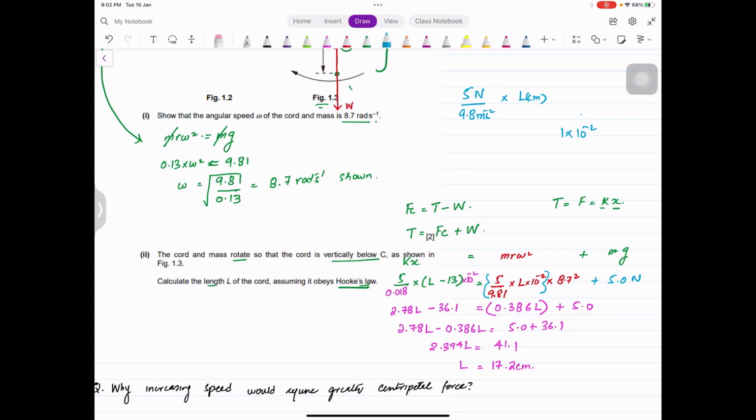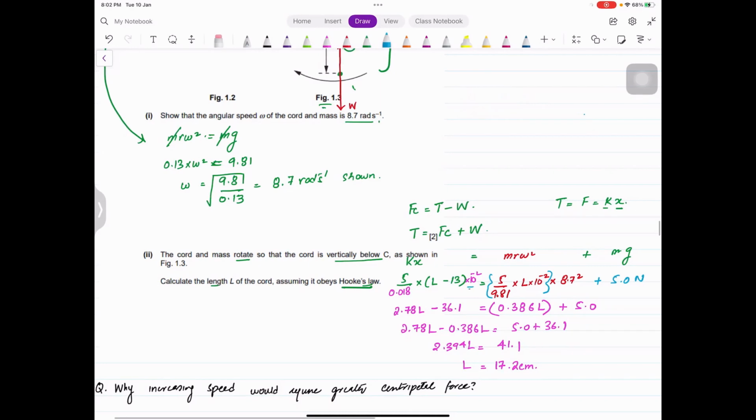It does because, Munib, let me tell you again. The only reason you get confused in this one is that you made me multiply 10 raised to minus 2 here as well. Do you agree? Yes. So now on both sides we got meter, and then the final answer should be meter.